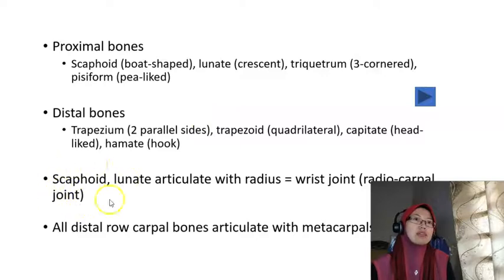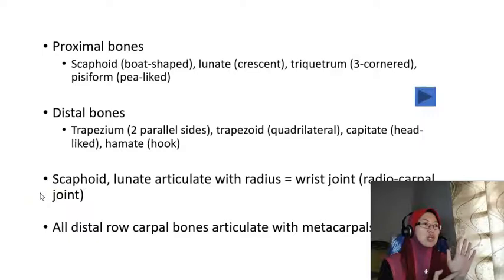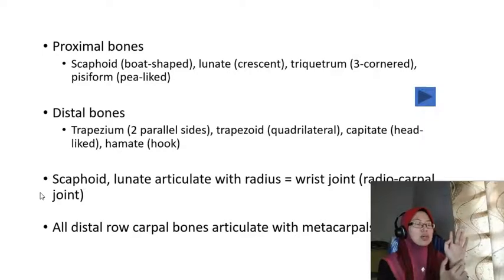I've mentioned this before: scaphoid and lunate articulate with the distal end of the radius to form the wrist joint, the radiocarpal joint. Only scaphoid and lunate. The other two, triquetral and pisiform, are not involved in the wrist joint.